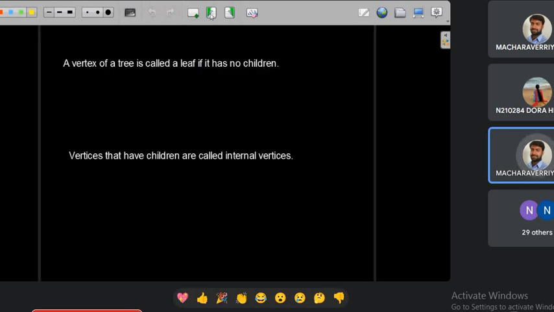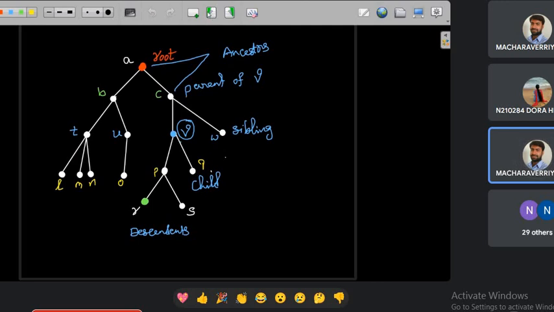Alright, now let us define leaves in a tree. Okay, so a leaf is the one, nothing is going to be connected to it. If you take a branch, it will have leaves, but if you take a leaf, it alone will be there, right?